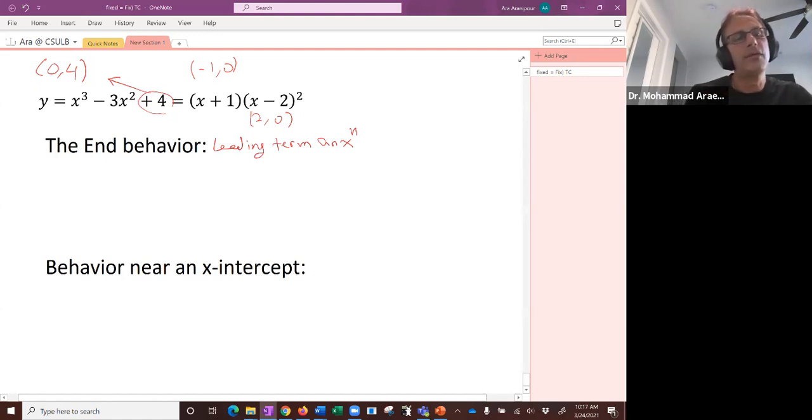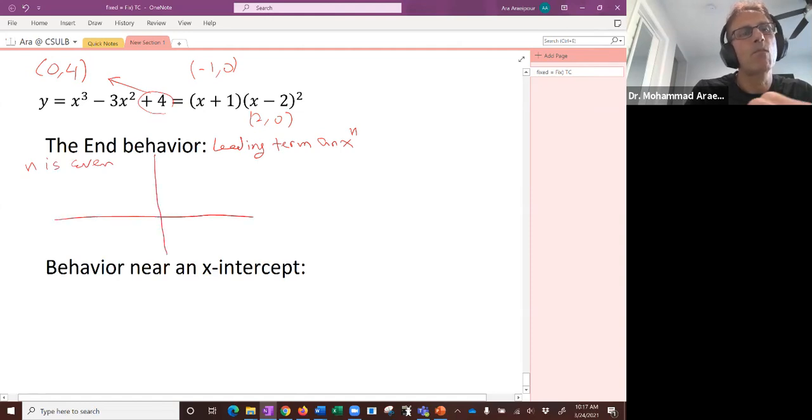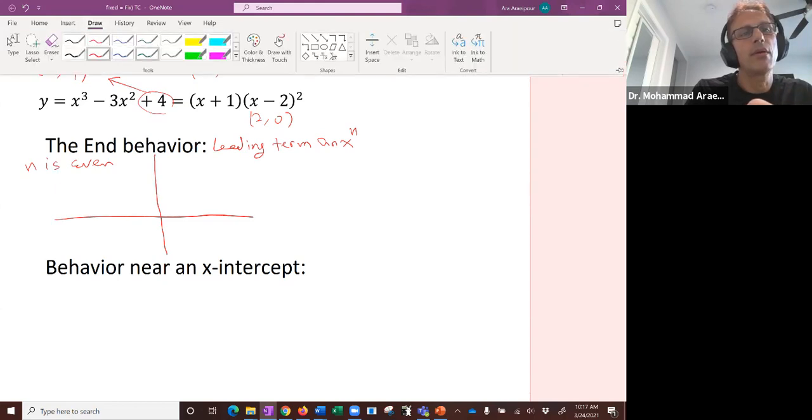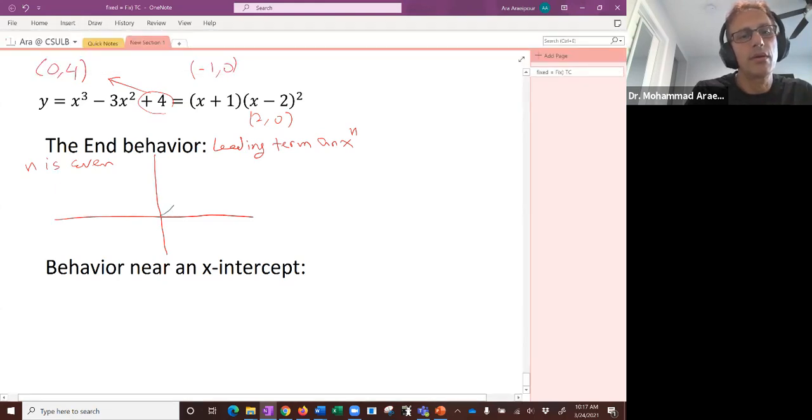Okay, if n is even, it looks like y equals x squared if a sub n is positive.